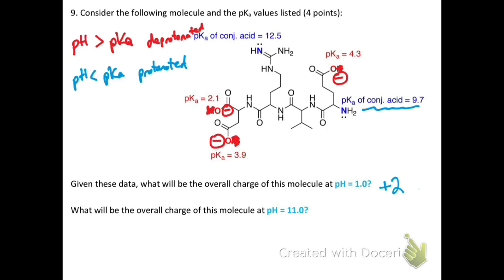However, this one has a much higher pKa, 12.5. This one will be protonated. So I'm going to draw the hydrogen in like so. And our total charge is we've got 3 negative charges, a 1, a 2, a 3, and then we've got this 1 positive charge. So -3 plus 1 is -2.